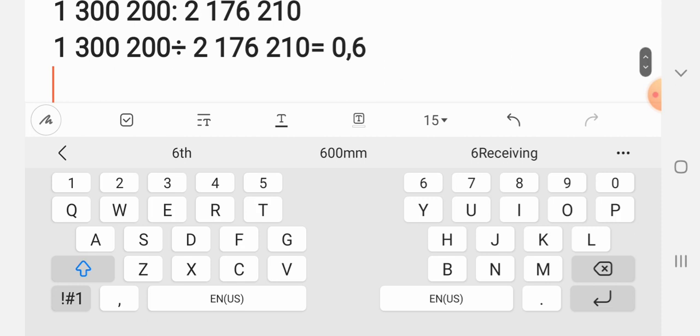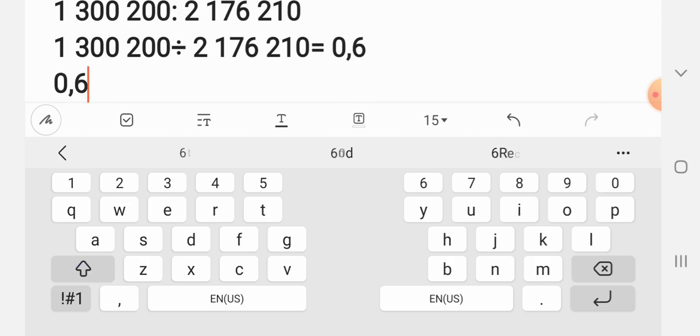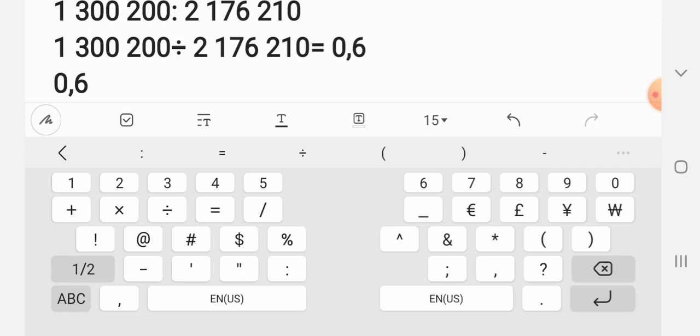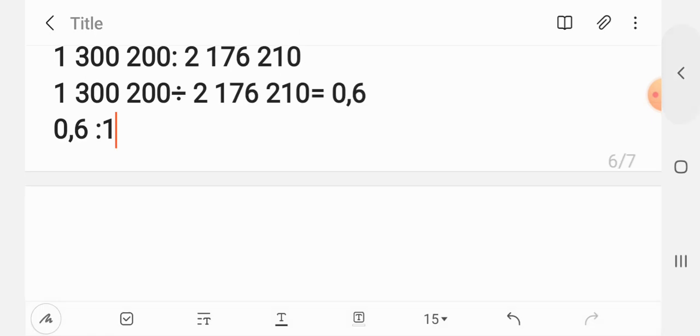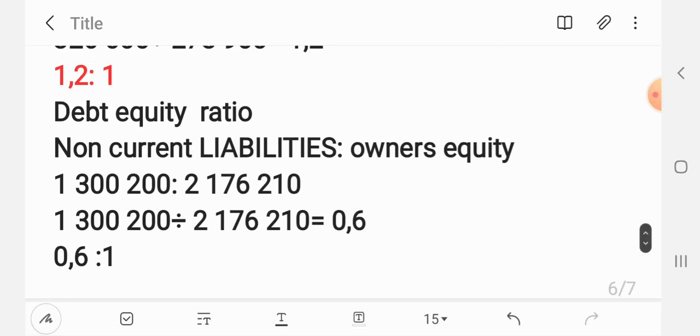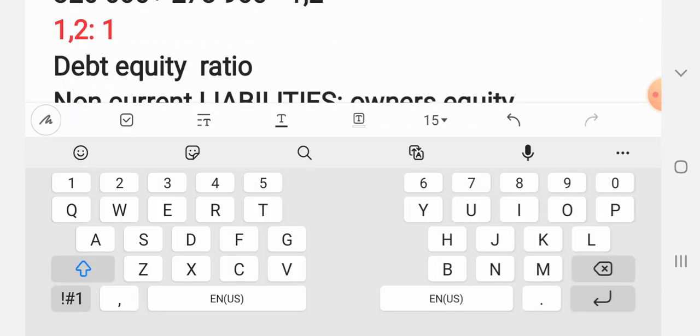Then remember it's a ratio, so we write it like this: 0.6 is to 1.